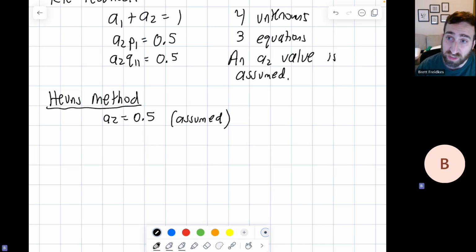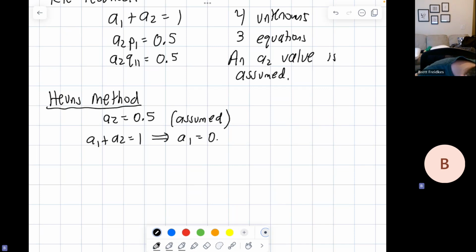Then we need to figure out what the other coefficients are now that we've eliminated one of our unknowns. Now we have 3 unknowns and 3 equations instead of 4 unknowns because we've assumed that one of the values is a half. So if we look at our first equation, we have A1 plus A2 is equal to 1. This will mean that A1 is also equal to a half.